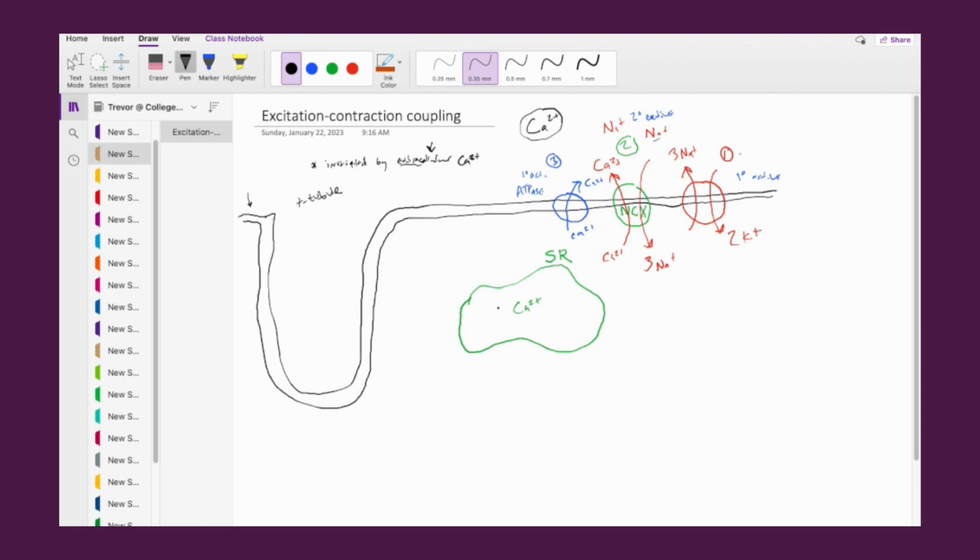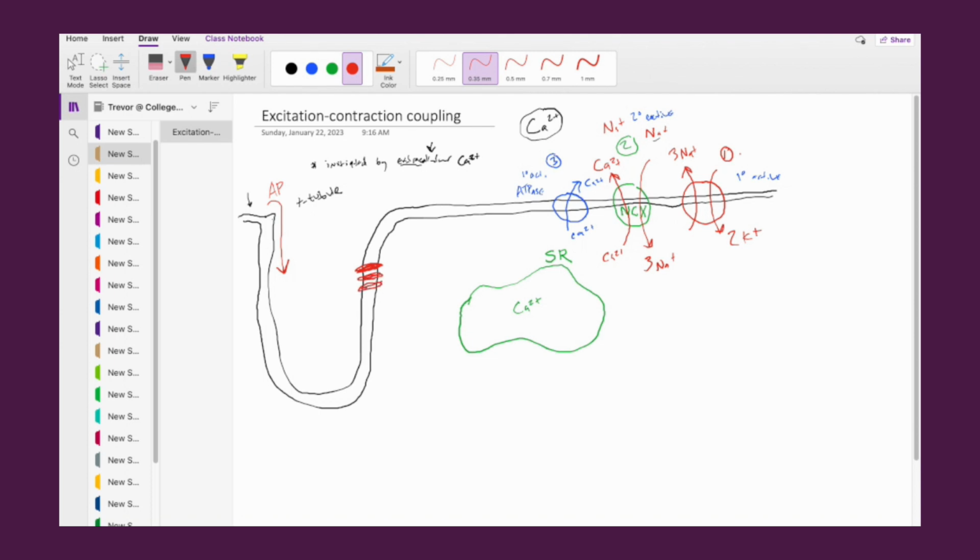Okay, let's draw some other things here. So let's just say we have an incoming depolarization. So we have an incoming action potential. This can be from other contractile cells or maybe an autorhythmic cell. Doesn't matter. We have incoming action potential. Now, within these T tubules, that is going to reach a specific protein here.